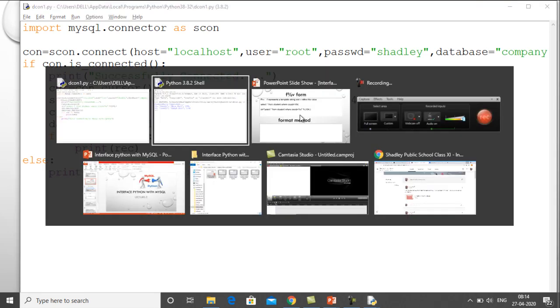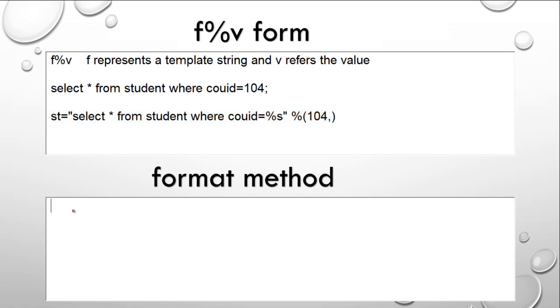Okay, now the next method is basically the format method. Okay, the next way is the format method. So let me explain to you how you are going to use the format method. Okay, so the pattern for executing is basically the string template, then you have to put dot, right, and the format function, and within the function you have to specify values.